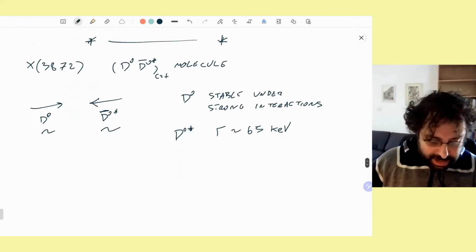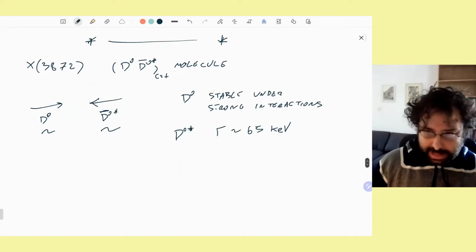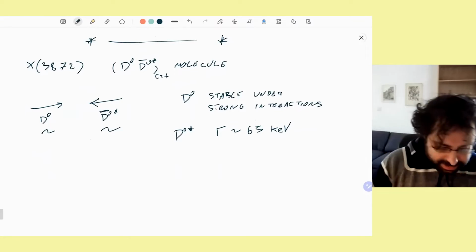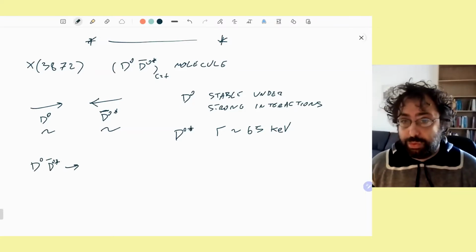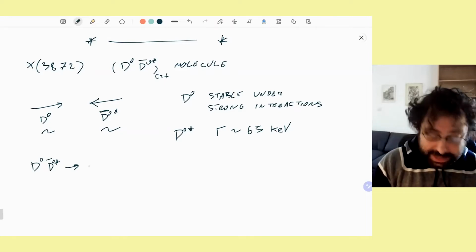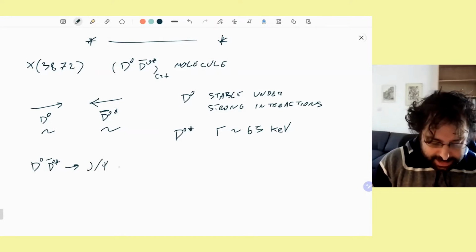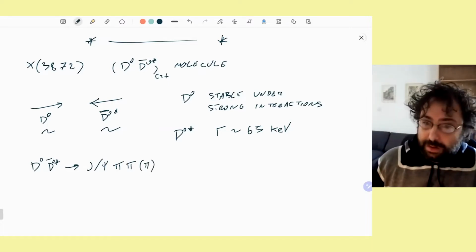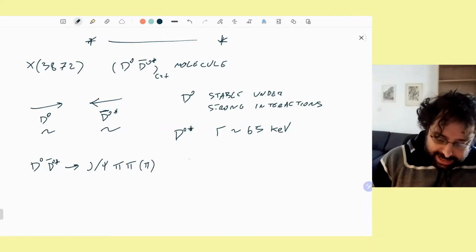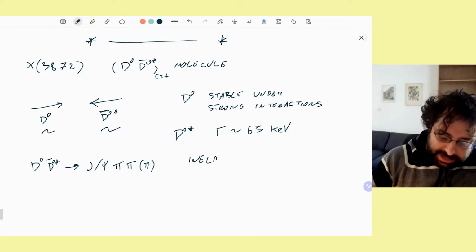The other thing that you are going to neglect at first order is the fact that this scattering amplitude here can couple to other possible mesons. We know, for example, that the X decays to J/psi and two or three pions. Okay, so there are inelasticities.